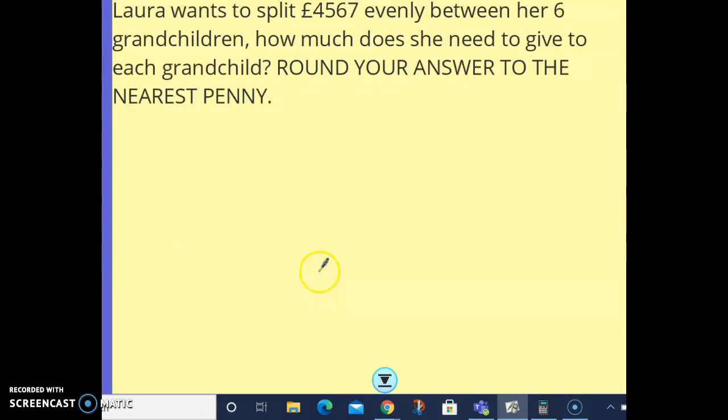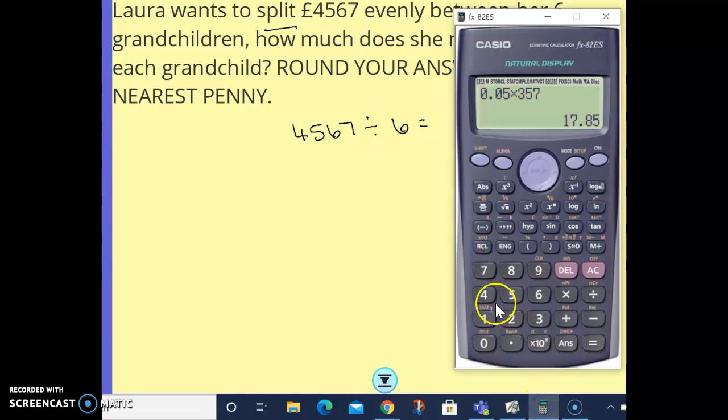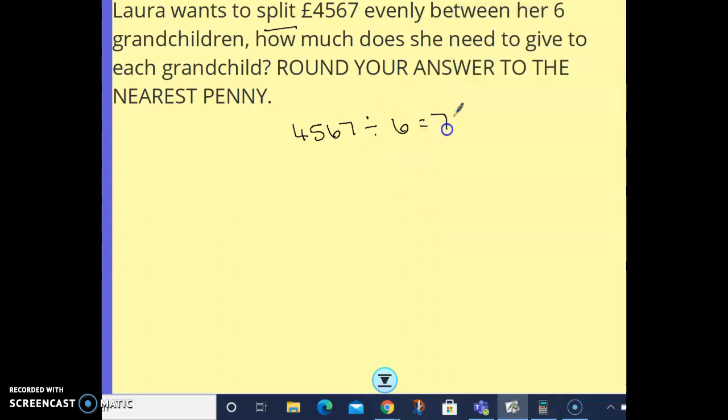Laura wants to split £4,567 evenly between her 6 grandchildren. If you're splitting something, you're dividing. So doing 4,567 divided by 6, that comes out as 761.166666, and so on.